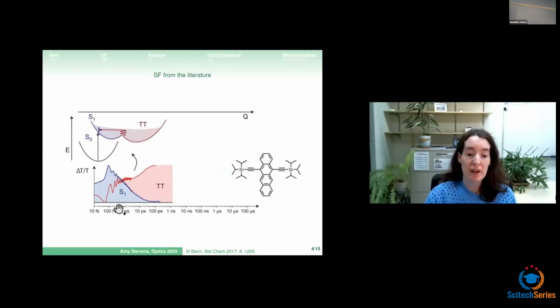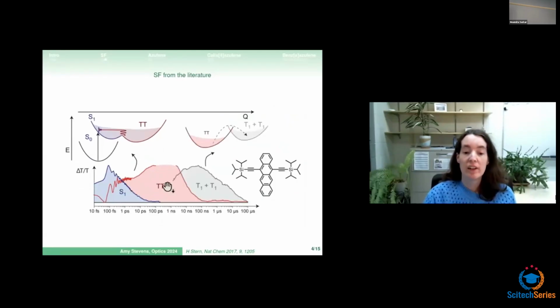It can occur from hundreds of femtoseconds to around a nanosecond. Converting that into two separate triplets is the slow process. For instance, this goes from around 10 nanoseconds up to 100 microseconds. And this is for a structure like TIPS pentacene here.